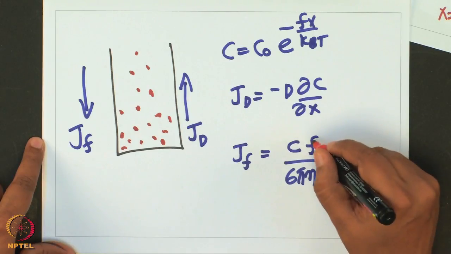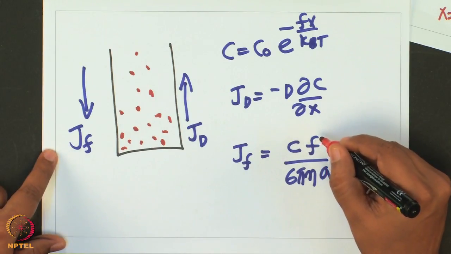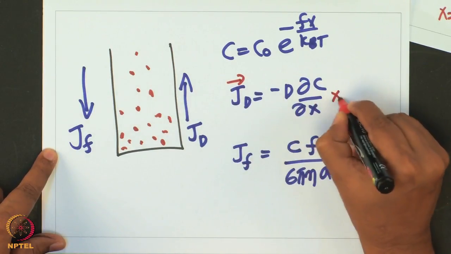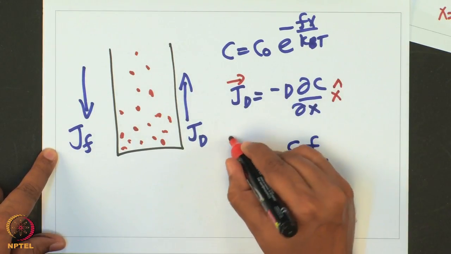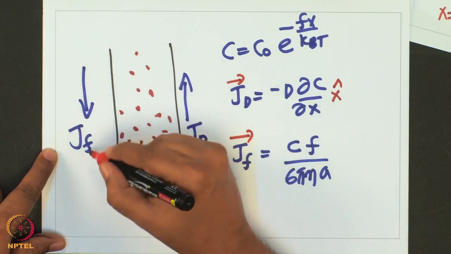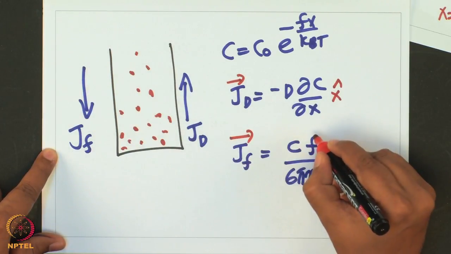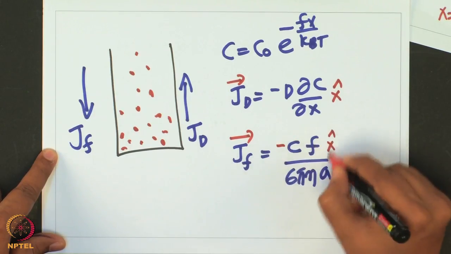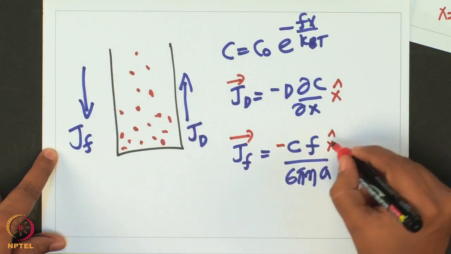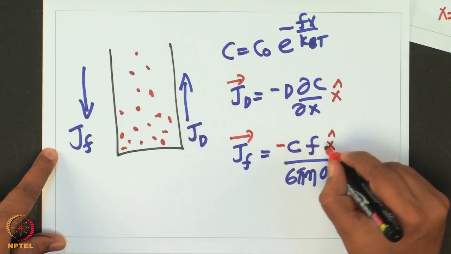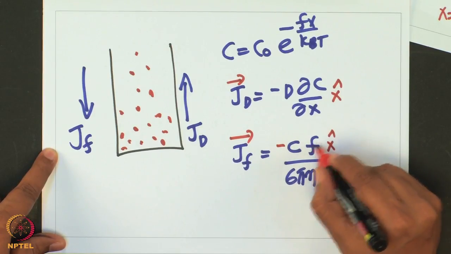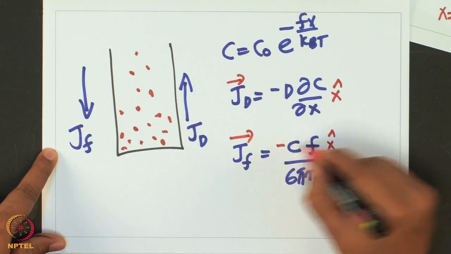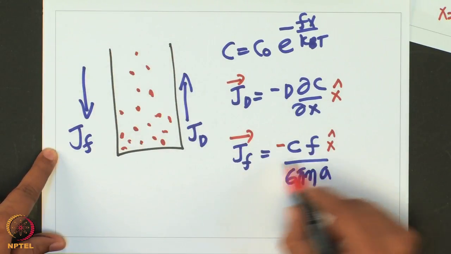If I put a vector sign carefully, this would be x cap here, and this would be below towards the minus x, so I would write x cap with a minus sign. So this would be coming down towards minus x. F is the magnitude of the force, and minus x cap is the direction.